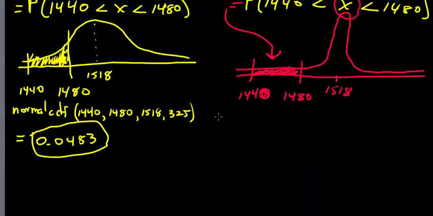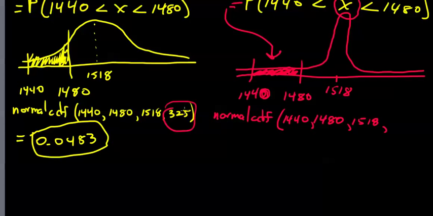Of course, I'll grind this out with my normal CDF command. The lower limit will be 1440. The upper limit will be 1480. The mean is still 1518. But what happens is the standard deviation changes, right? Instead of 325, you want to plug in 325 divided by the square root of the sample size, which is 16.